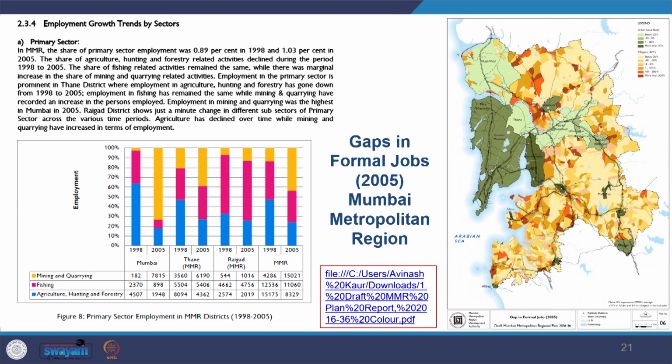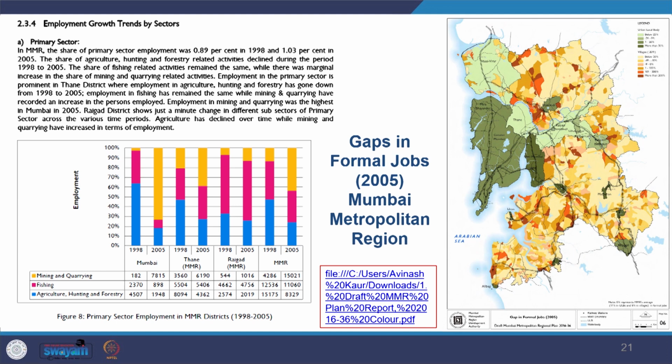Mining and quarrying, which was considerable in 2005, has also reduced geographically in certain areas. You can see how in Mumbai, Thane, Raigad and the Mumbai Metropolitan Region, things are changing from 1998 to 2005.